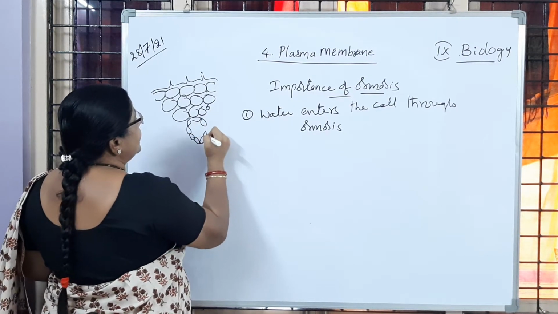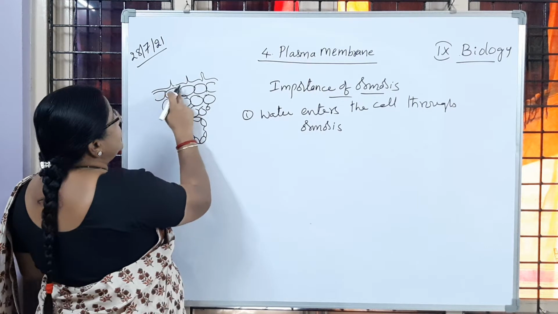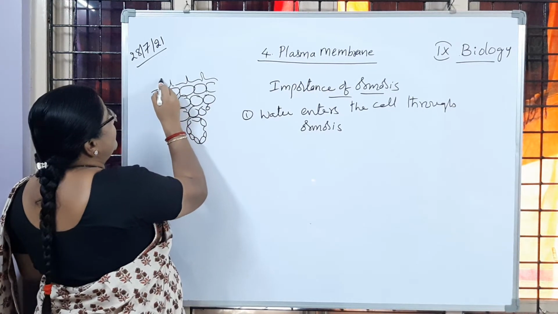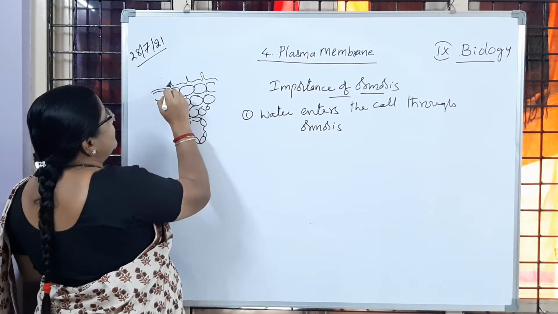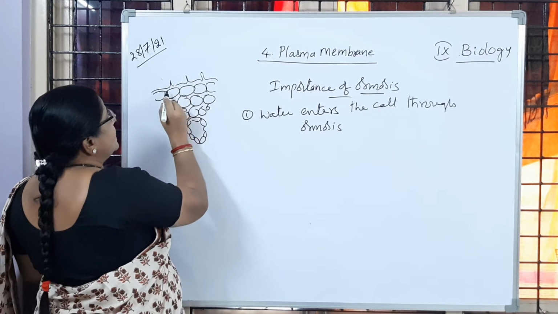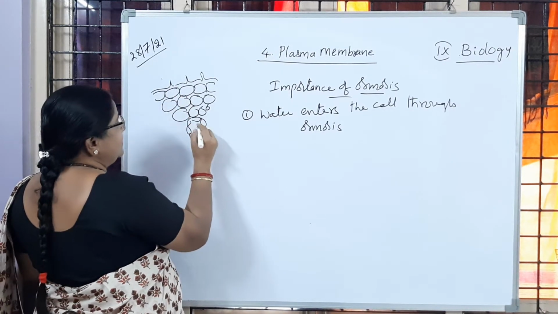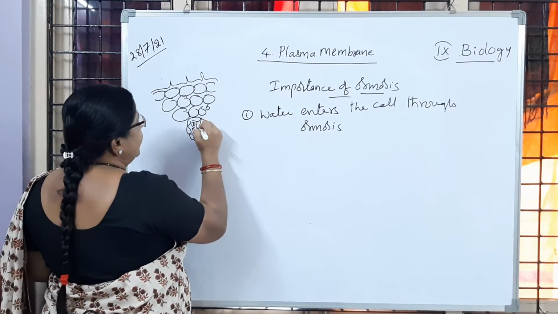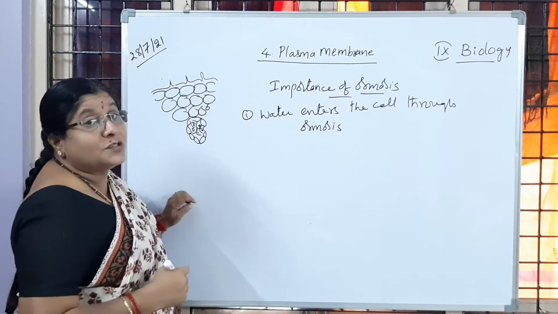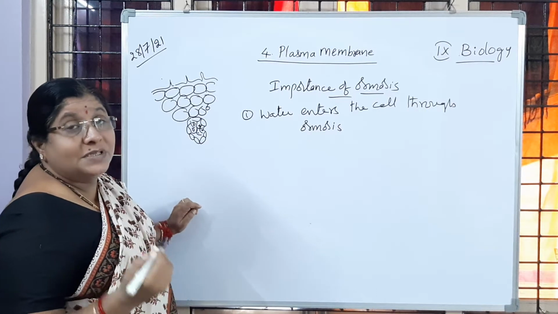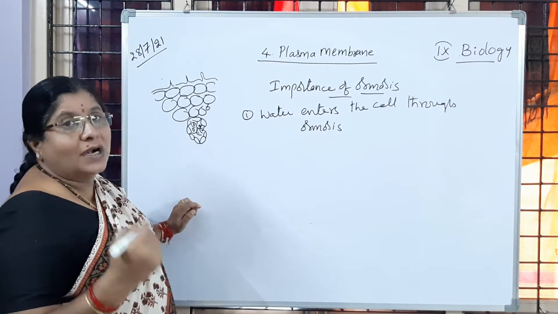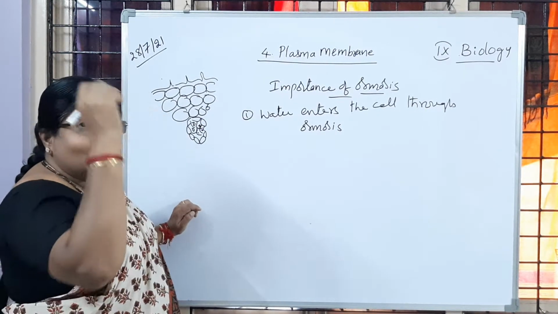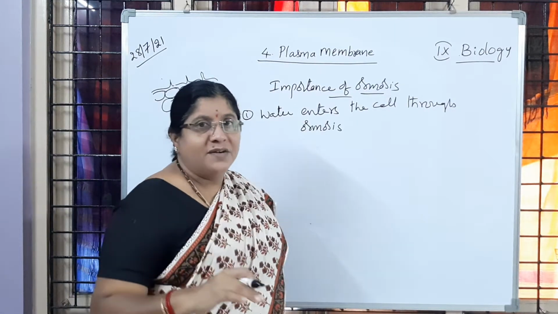That is because each and every cell contains a cell membrane. From outside it enters the cell membrane of the root hair, then the cell membrane of the next cell, and again like that. Finally it reaches the vascular bundle which contains xylem, which is responsible for transporting water from roots to the shoot system or different parts.